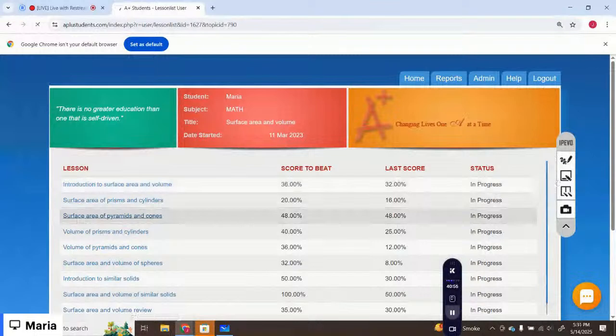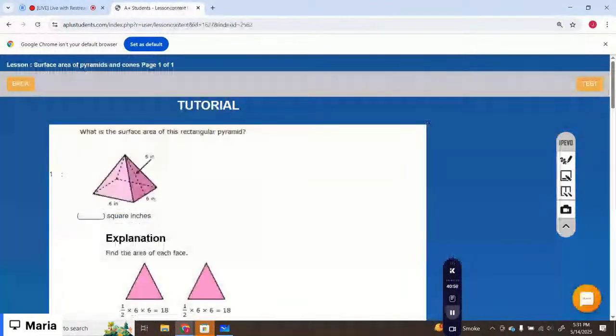Surface area of pyramids and cones. What is the surface area of a rectangular pyramid?